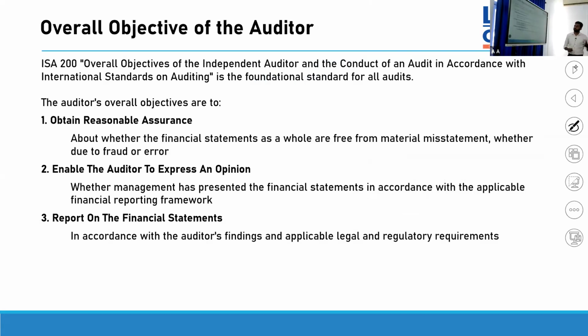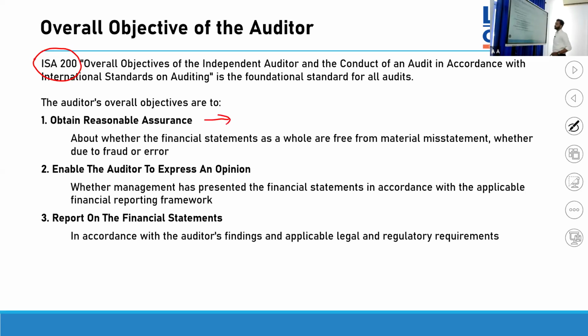ISA 200 talks about the overall objectives of the independent auditor and the conduct of an audit in accordance with the International Standards on Auditing, which means this is the international standard which lists out the overall objectives of the independent auditors. As per ISA 200, there are three objectives. The auditor's overall objective is to obtain reasonable assurance.